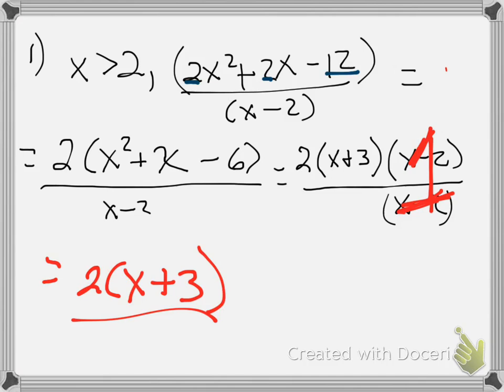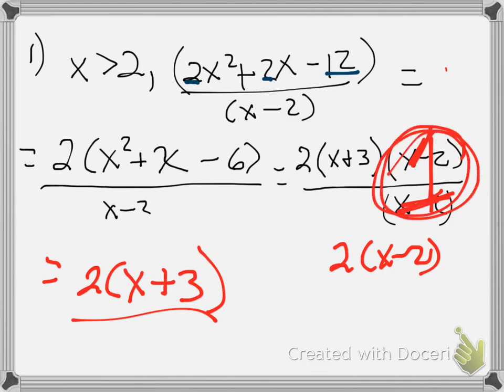Now, the nice thing about factoring this out is that the answer they provide you with is 2 times x plus 3. 2 times x minus 2 is a choice. Don't fall into that trap, because you crossed that one out. There is also an x plus 3, and there's an x minus 2. Don't fall for that.